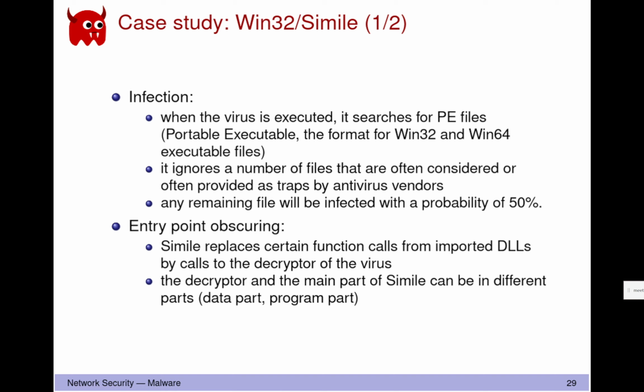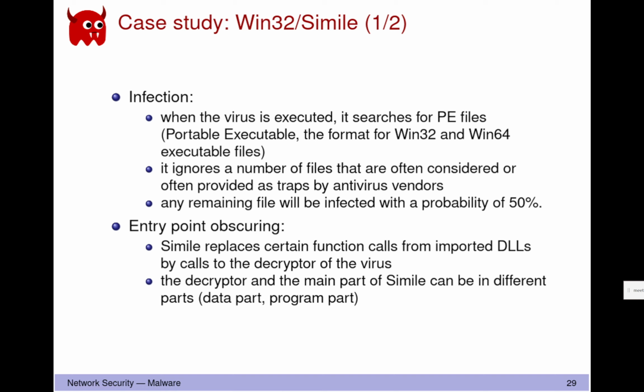Then it also uses some kind of entry point obscuring. So where does it jump in? What is the entry point of the file code? There are some function calls that are regularly in the file itself, calling some DLL, some kind of libraries, and it replaces one of those to jump to the decryptor of the virus.